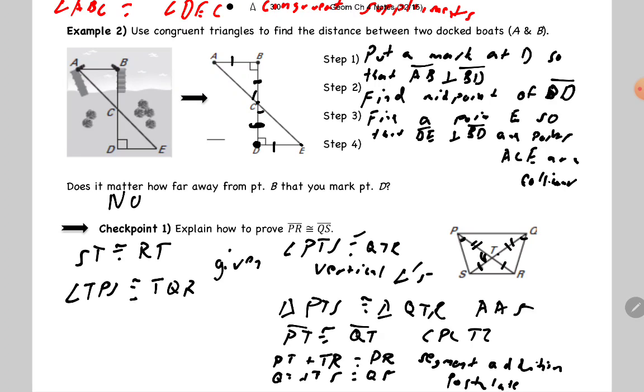And now finally, through substitution, since TS is the same as TR, PT adding TR is the same thing as QT adding TS. So since those are the same lengths, those are congruent.